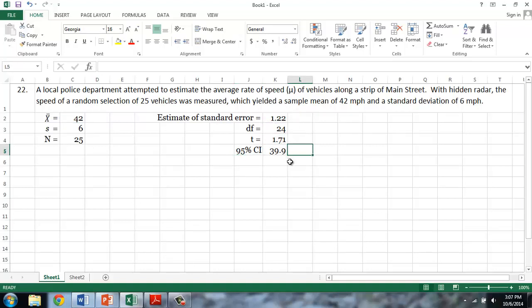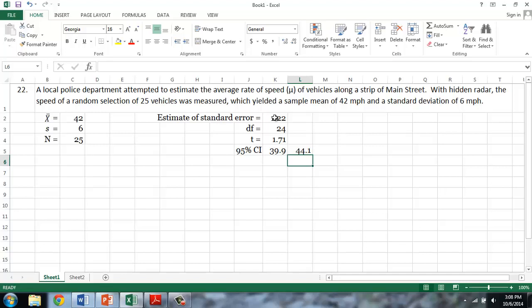Our upper limit is equal to the mean plus our t-score times our estimate of the standard error. We can say with a 95% level of confidence that the population mean, or mu, is between 39.9 and 44.1 miles per hour.